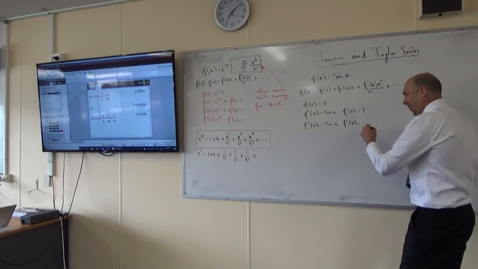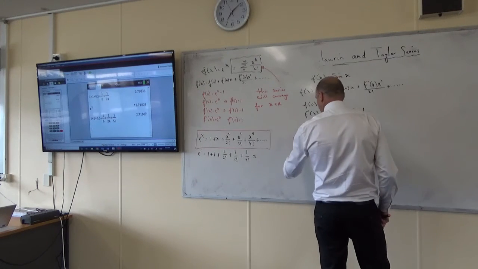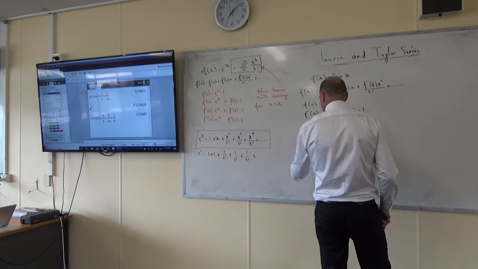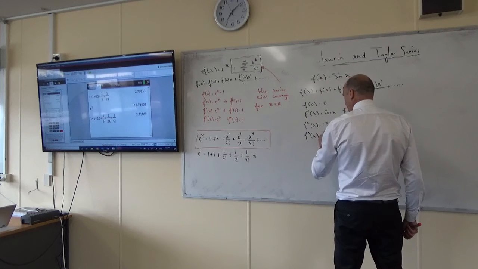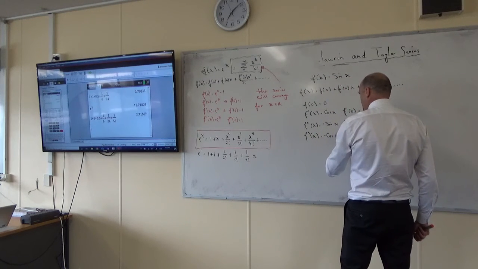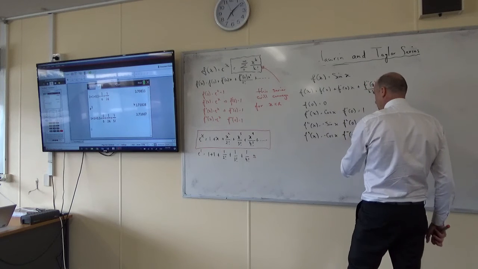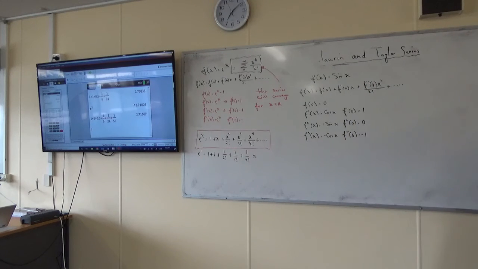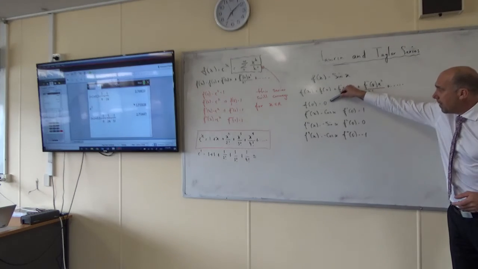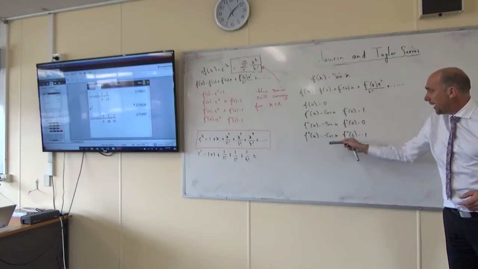Minus 0, which is 0. Good. f triple dash x is equal to minus cos x. What's f triple dash 0 equal to? Minus 1. Ooh, can we see a pattern here? Every even derivative is 0.